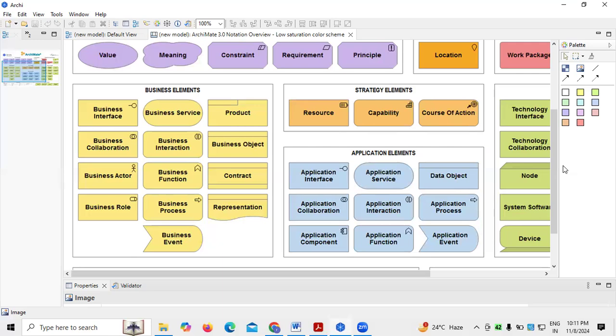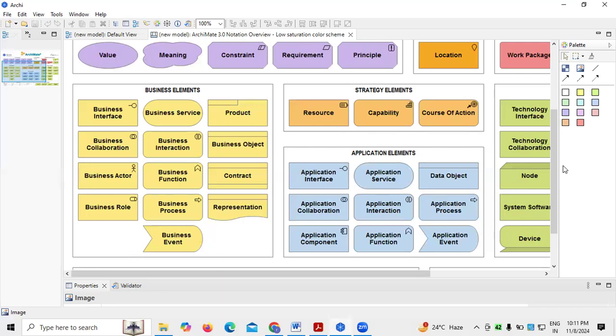Next, about the strategy elements. Strategy elements majorly focus on three different areas. One is the resources, because these resources we can normally categorize into two different parts: one is the technical resource, the second is the financial resource. But here we will be focusing more on manpower, technical resources and manpower resources.